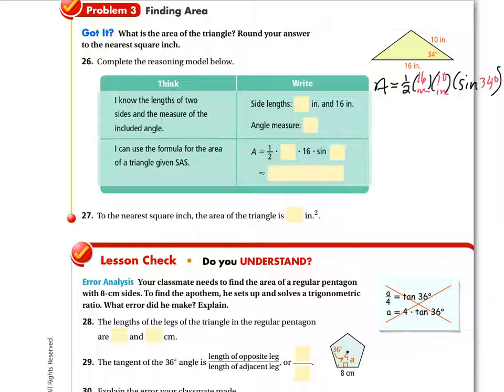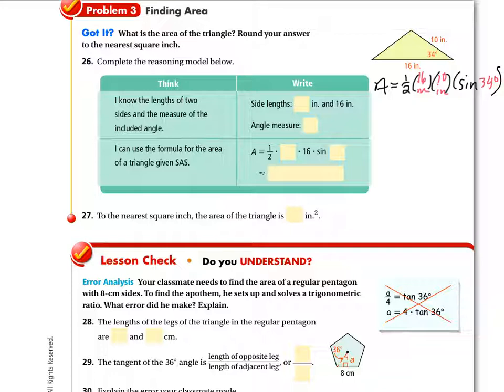So you can put this in your calculator exactly as you see it if you have a graphing calculator, or if you have a scientific calculator, I would find the sine of 34 degrees first, hit enter, and then multiply by 10 times 16, hit enter, and then divide by 2 or multiply by 0.5.